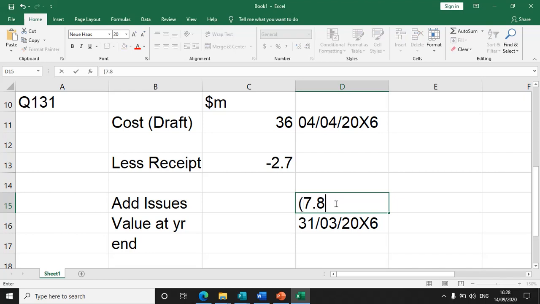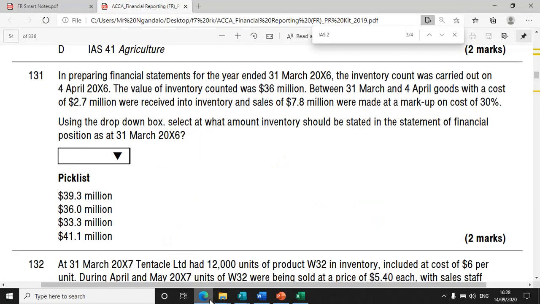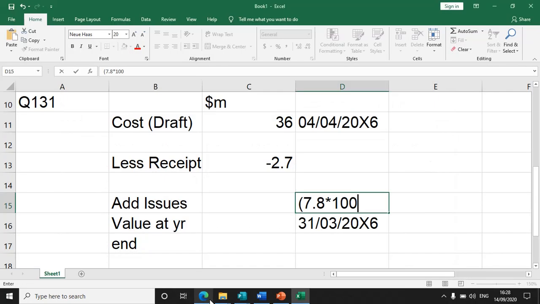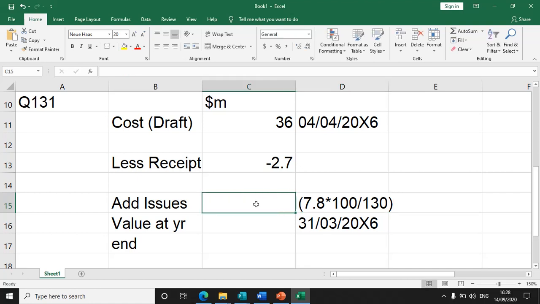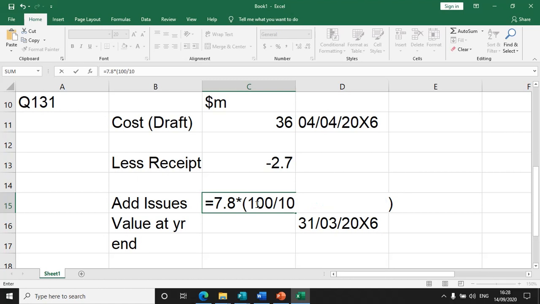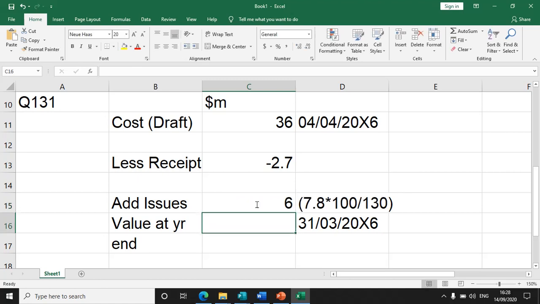So I'm getting the 7.8, multiplying that by 100 and dividing by the assumed selling price, in this case 130, because the markup is 30%. So 7.8 multiplied by 100 divided by 130 gives me 6.